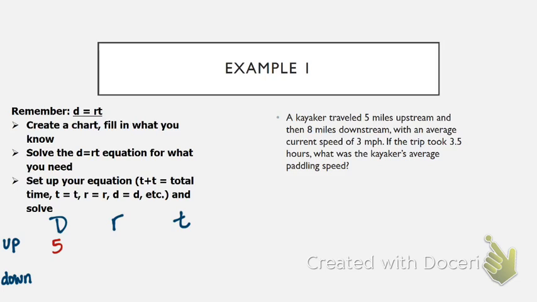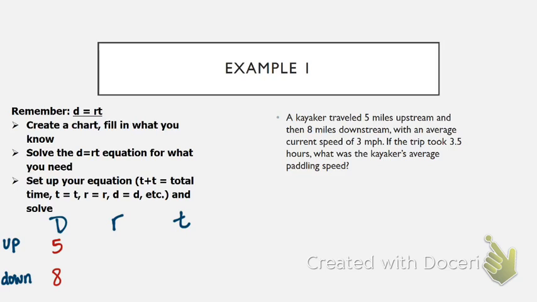Downstream, we traveled 8 miles. It tells me that the current speed was 3 miles an hour, not current as in right now, current as in water flow. If the trip took 3.5 hours, what was the kayaker's average paddling speed?